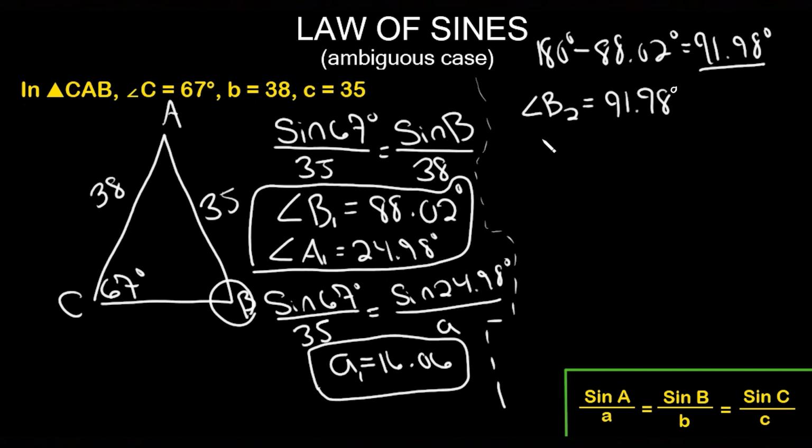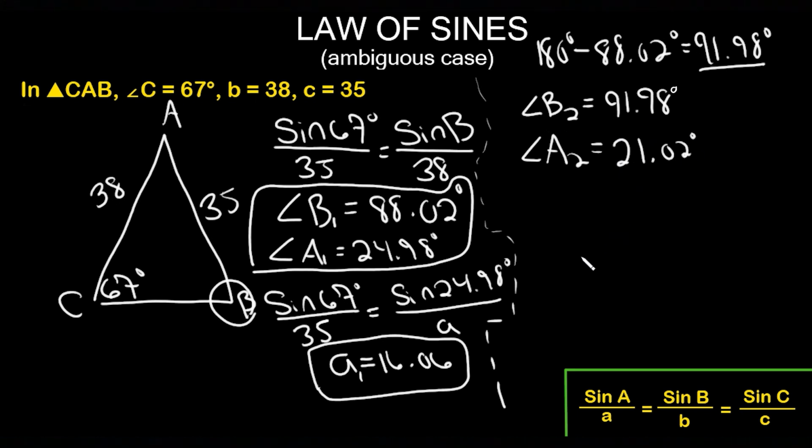So when I do that, I get the following. So angle A2 is going to be equal to 180 minus 91.98 minus 67. I get 21.02, so 21.02 degrees, okay?